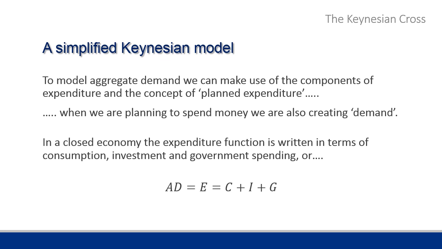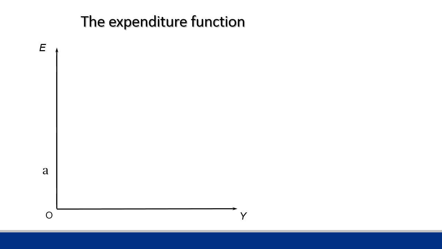We can split expenditure between consumers, firms and households in the form of investment, and governments, so that we have that AD, aggregate demand, is equal to planned expenditure, which we can write as C plus I plus G. So let's graph the planned expenditure function in E-Y space, in planned expenditure output space.